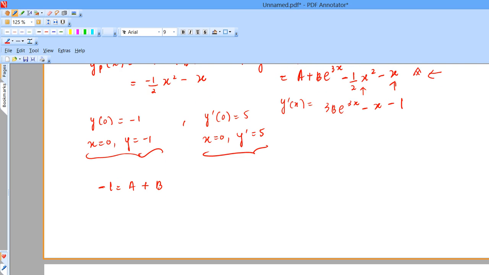And then for this second value, just substitute into y prime, so we get 5 equal to, if you substitute x equal to 0, you get 3b, and then x equal to 0 minus 1. If you solve this, we get a equal to -3 and b equal to 2.